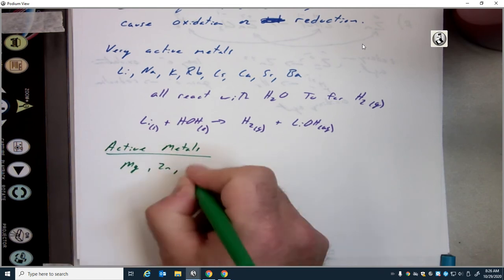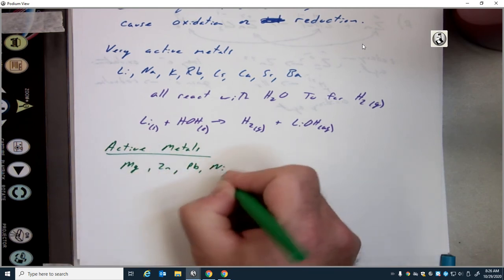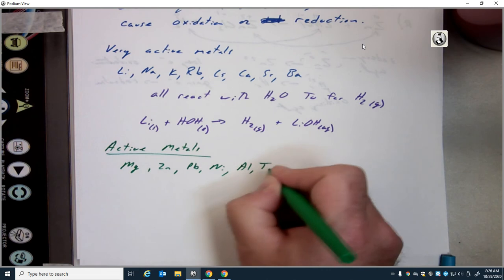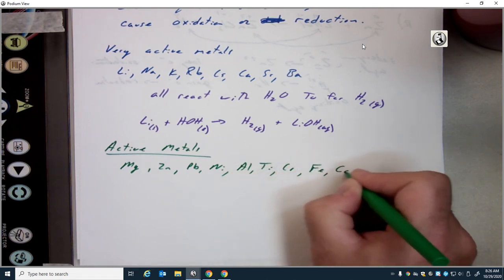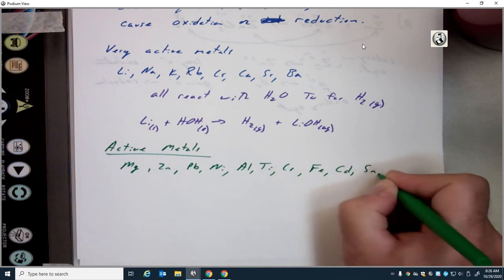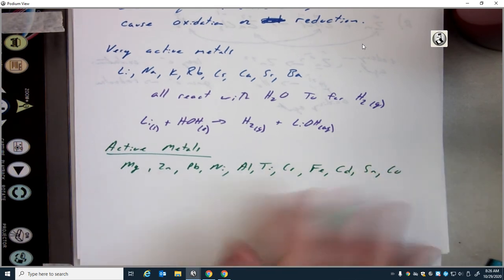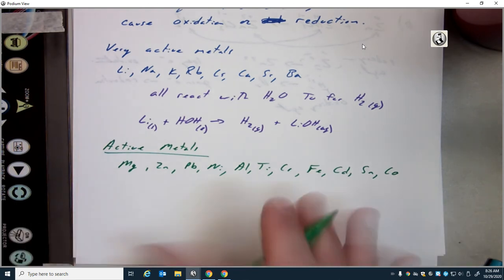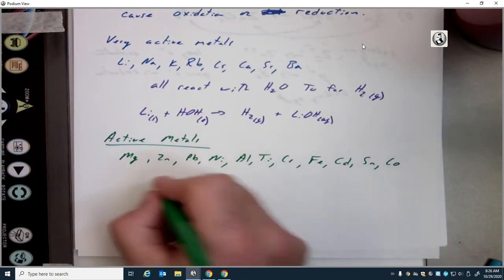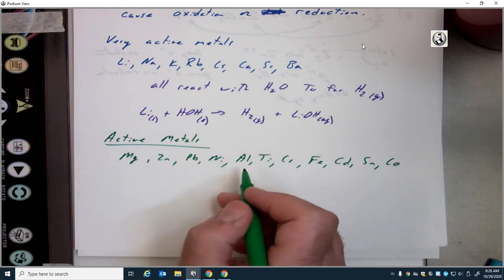Manganese, zinc, lead, nickel, aluminum, titanium, chromium, iron, cadmium, tin, cobalt. These are considered the active metals. Now, these metals don't react with water. Okay?